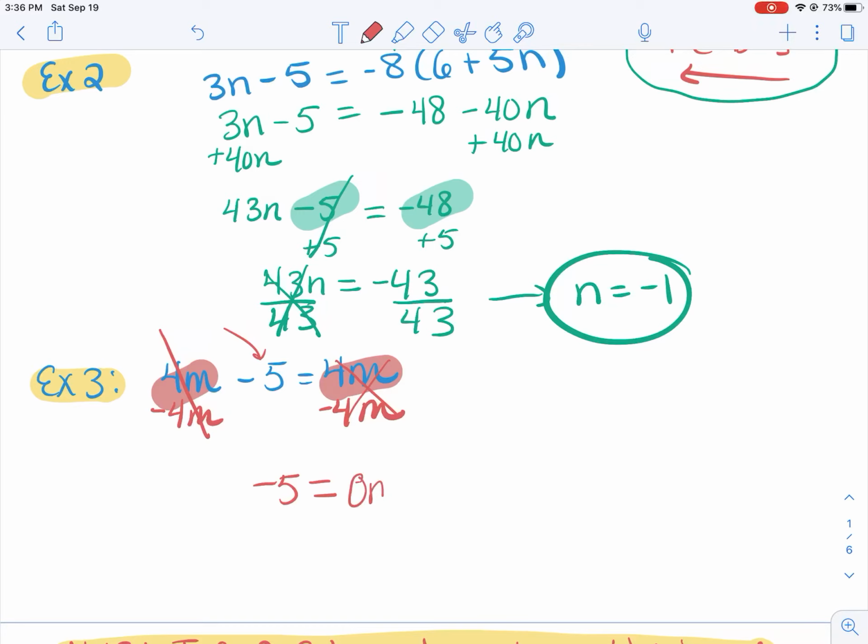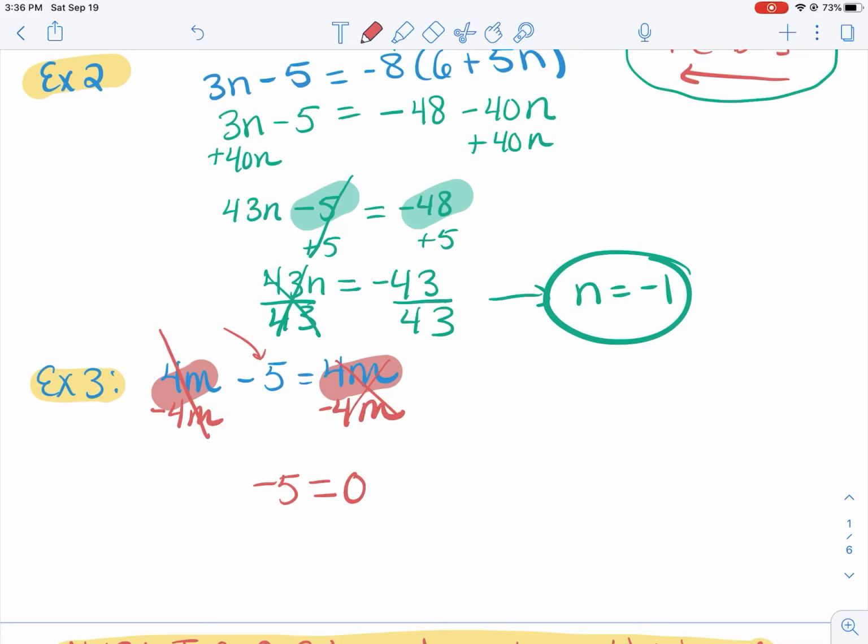That really leaves me with 0m. Well, 0m is the same thing as 0, okay? So we don't usually write that when we cancel out the variable over here on the left. We didn't write 0m, but it's implied that when we cancel something out, the value left is 0. That's what we're trying to get.